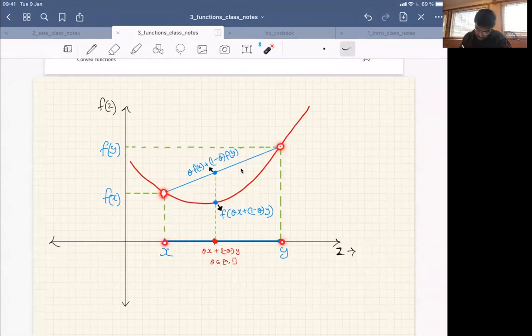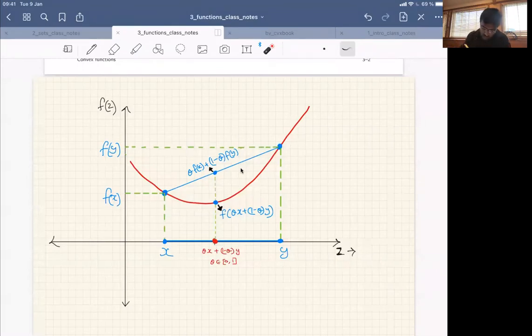Now what we do is we take the same convex combination and find a point. So when you do this, you will get this point. What I'm saying is this point has to be less than or equal to this point. This is the formal way in which we can define a convex function.